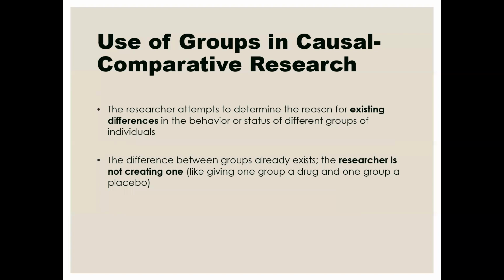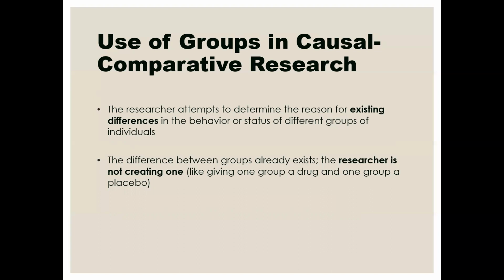So what do we want to do? In this causal comparative research, we're going to look for existing differences, right, that affect an outcome. So we're not creating differences, we're looking at what are those differences, right? So two communities that live in the same area are present when there is a hurricane, right, or some natural disaster.